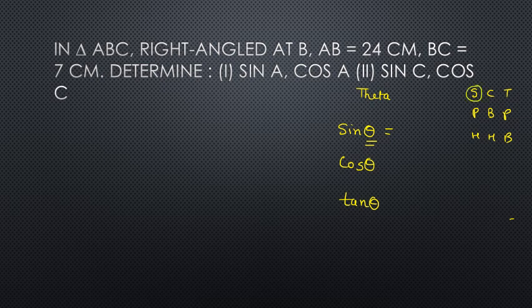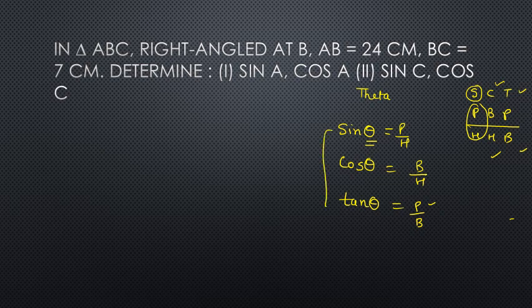So sine is perpendicular upon hypotenuse, cos is base upon hypotenuse, tan is perpendicular upon base. So these are your ratios, right? You know about the perpendicular, base, and hypotenuse, correct?